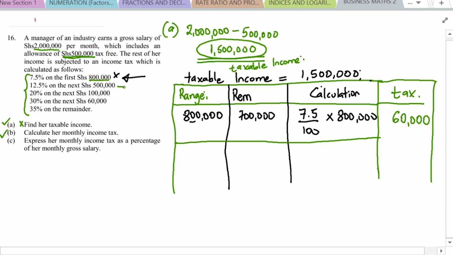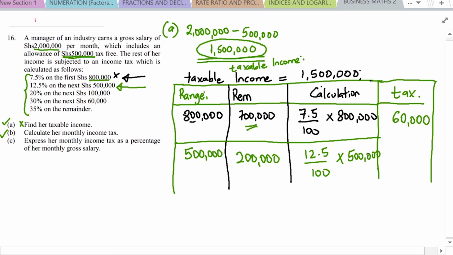Now according to our question, the next 500,000 is subject to a tax rate of 12.5 over 100 times the 500,000. Now when we deduct this 500,000 from the 700,000, which is the remainder, we remain with 200,000. That is how much money has remained.